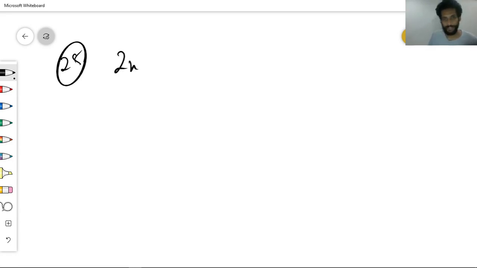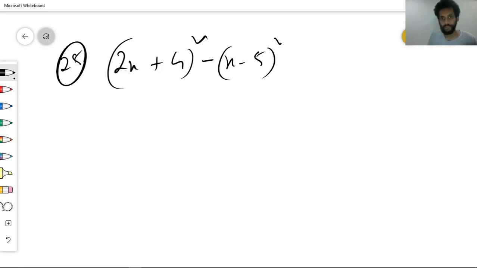Question 25 is 2x plus 4 whole square minus x minus 5 whole square is equal to 26x. So what I have to do is, I can use two formulas here. This one is a square minus b square, or I can just break this down into a plus b and a minus b.